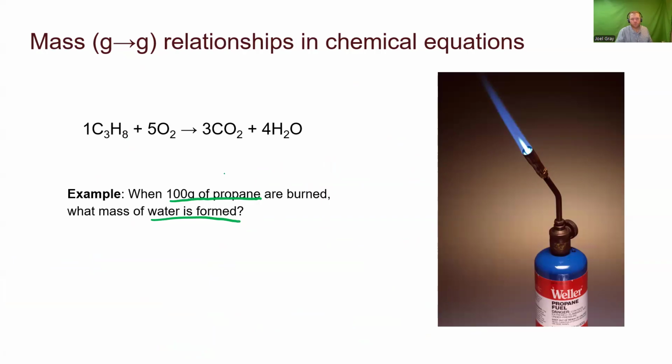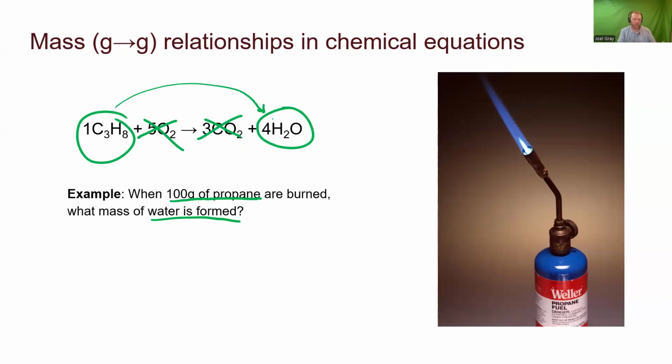What mass of water is formed? No other reactant is mentioned. It's in excess. No other product is mentioned. We don't care about it. So effectively, all that we care about is the propane and the water. This balanced chemical reaction tells us 1 mole of C3H8 will produce 4 moles of H2O. Done. There's our molar ratio.